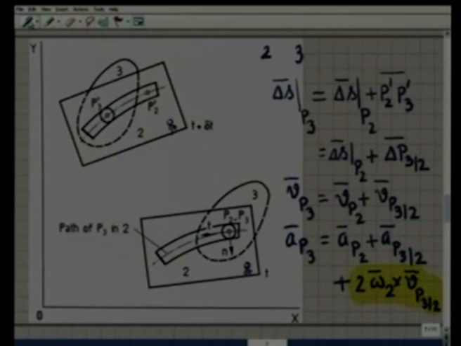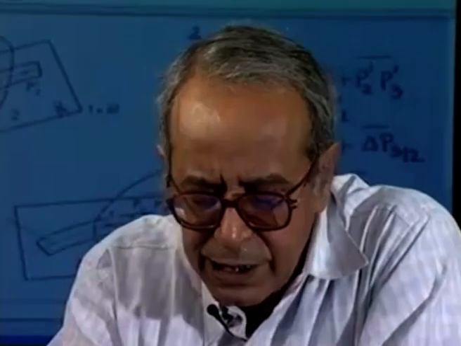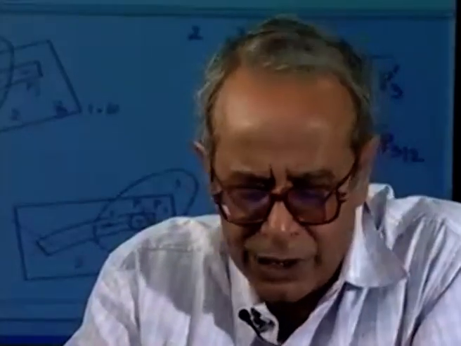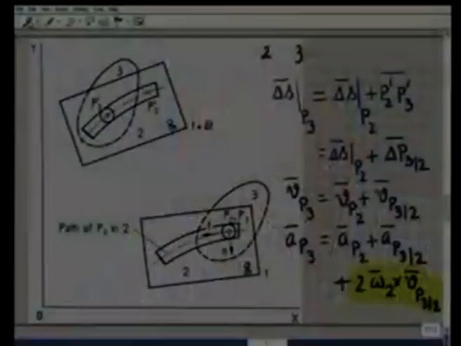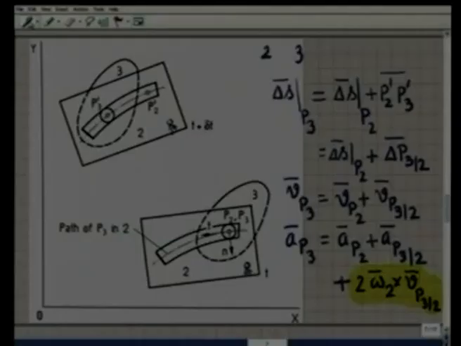So, let me repeat: by considering two instantaneously coincident points P2 and P3, where the path of the point P3 in body 2 is known, that is along the center line of the slot, Vp3 is Vp2 plus Vp32, whereas Ap3 is Ap2 plus Ap32 plus the Coriolis component of acceleration, which is twice omega 2 cross Vp32.